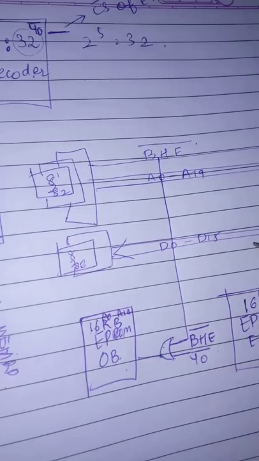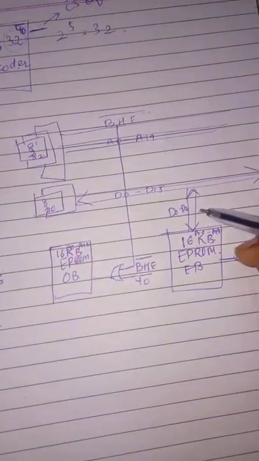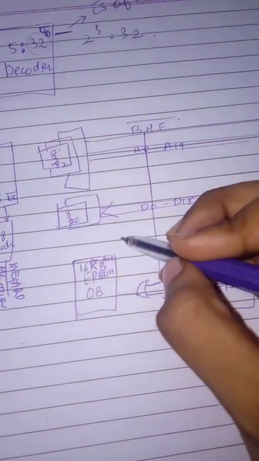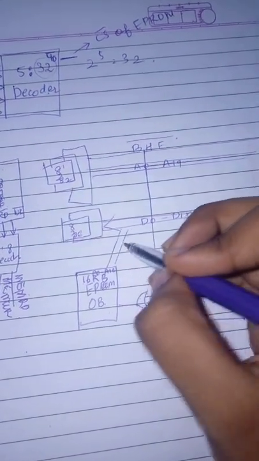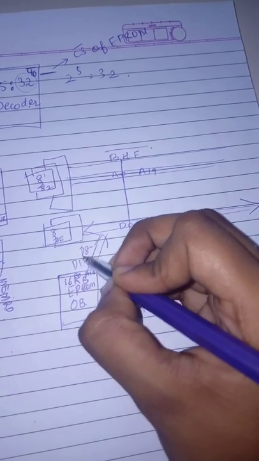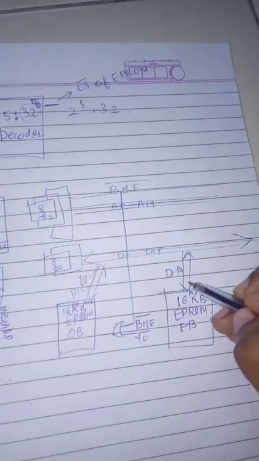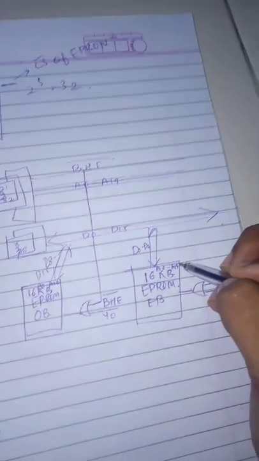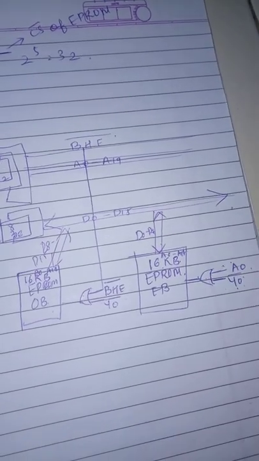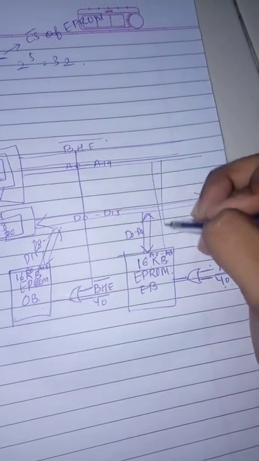Now as this is even bank, the data lines will be D0 to D7, and here the bidirectional data lines will be D8 to D15. Now we want address lines. Here we have A0 to A14, but as we have reserved A0 for even bank identification, we will take the address lines from A1.